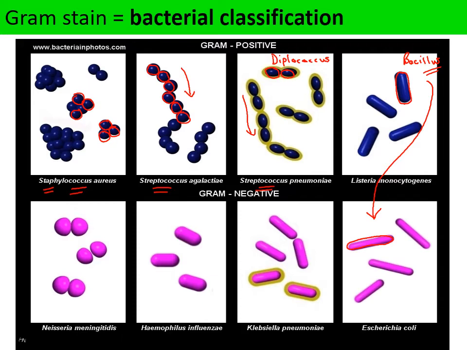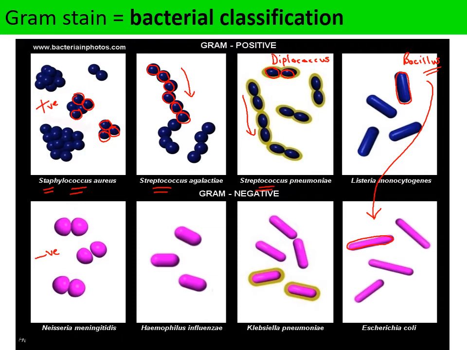So the gram stain is a way of differentiating between what we call gram-positive bacteria, which are these purple cells on the top, and gram-negative bacteria, which are these cells on the bottom. And the main difference between gram-positive that stain a purple colour and gram-negative bacteria that stain a pink colour is the makeup of the peptidoglycan cell wall.